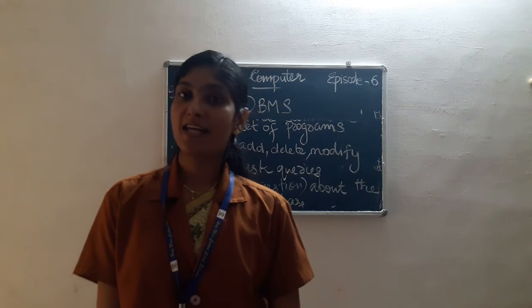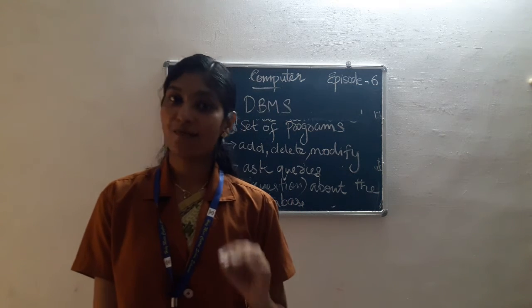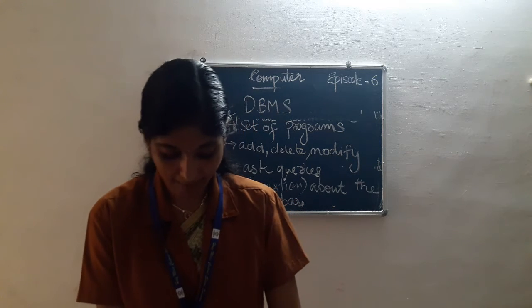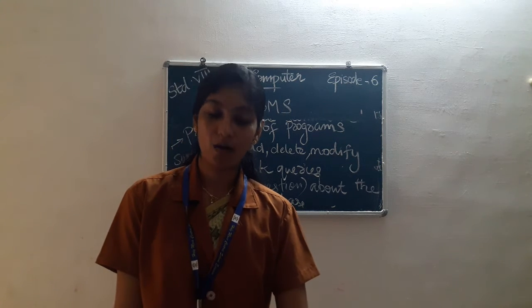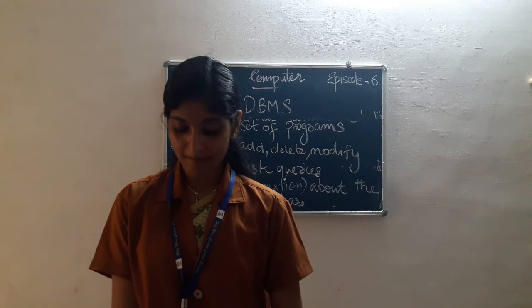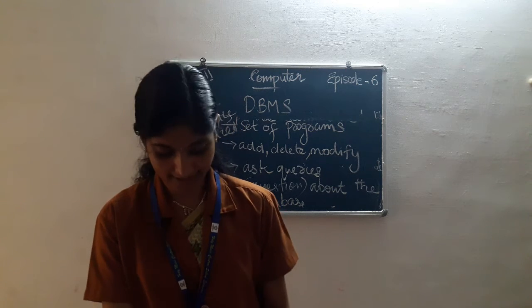So a database management system is a computer program which provides facilities to add, modify or delete data from the database, ask questions or queries about the data stored in the database, and produce reports summarizing selected contents. Okay.